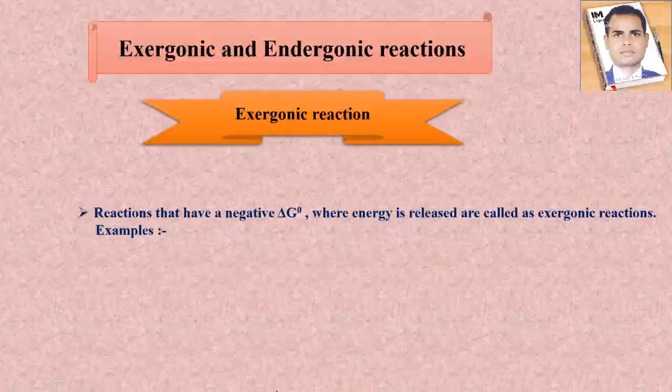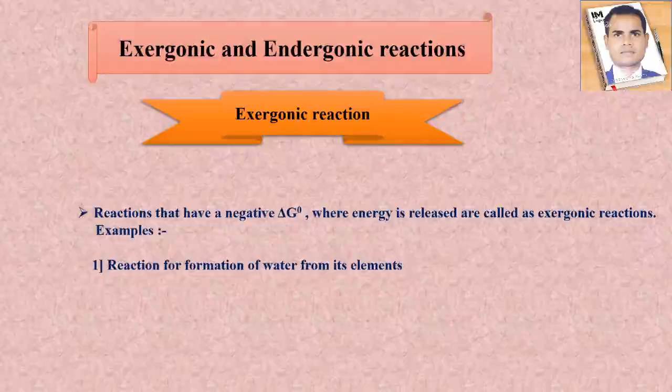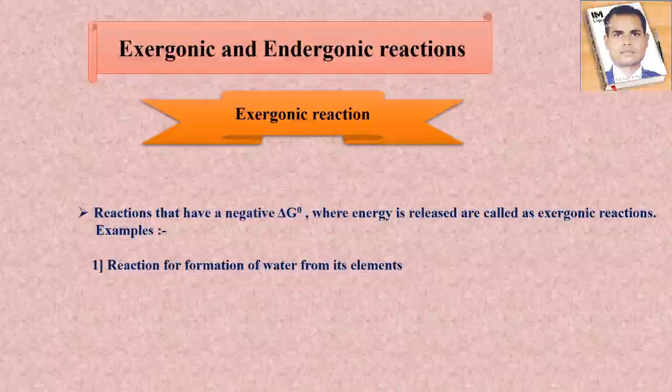For example, the formation of water from its elements: hydrogen and oxygen molecules combine, and after the formation of the water molecule some energy is released. So that is an exergonic reaction.